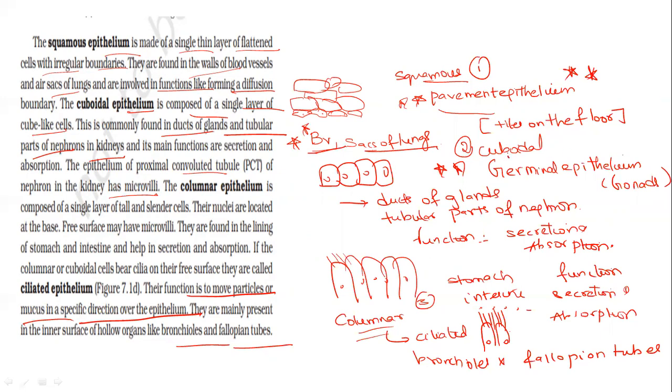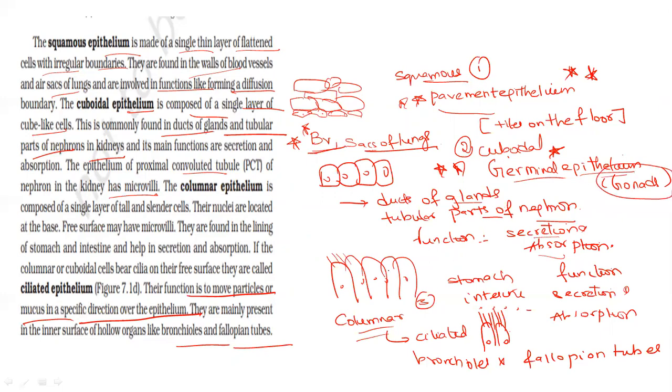Whereas cuboidal epithelium, you can see it in ducts of glands and tubular parts of nephrons. Both the cuboidal epithelium and the columnar epithelium, the main function is secretion and absorption. Cuboidal epithelium is also called germinal epithelium because that epithelium surrounds the gonads.